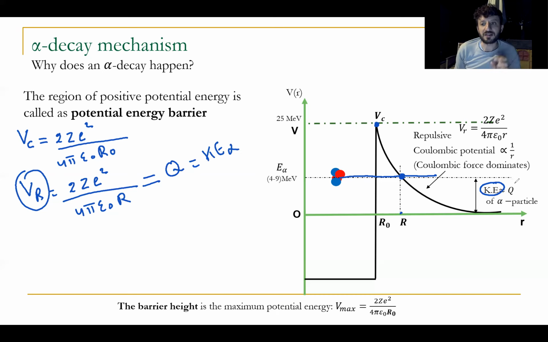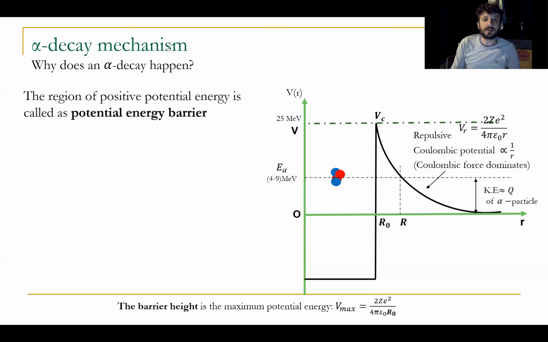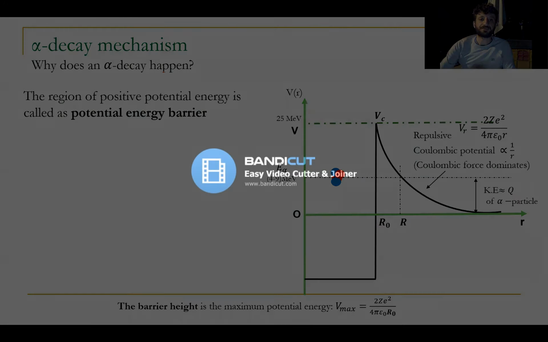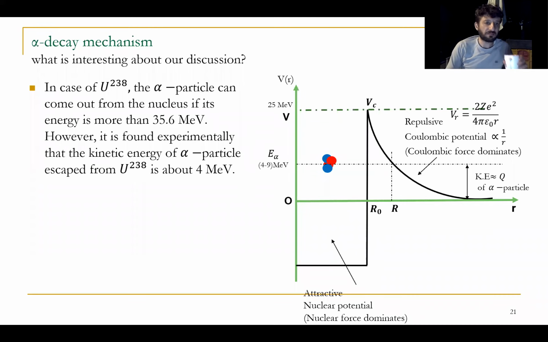It is approximately equal to Q, and at this point the kinetic energy equals the potential energy 2Z E squared divided by 4 pi epsilon 0 capital R. I will give you an example.